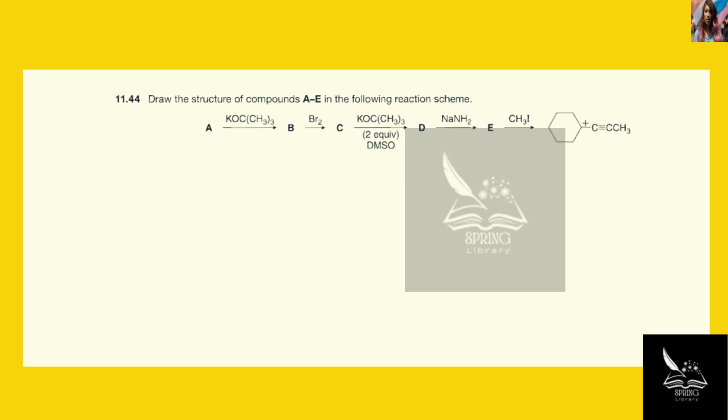Here we have this compound with an alkyne and an extra carbon. So the reagent to get to this is some sort of alkyl halide. We have one carbon with iodine attached, iodine being one of the halides, so it's a leaving group. So we have an electrophile here. In order to get this molecule, two things had to happen.